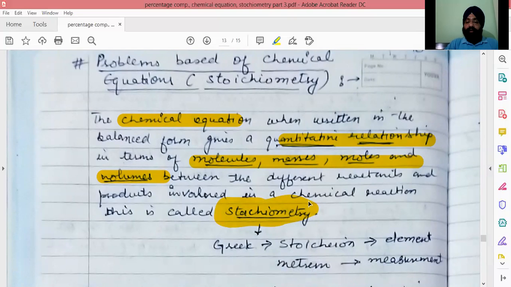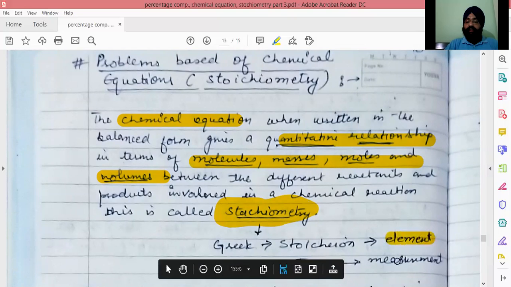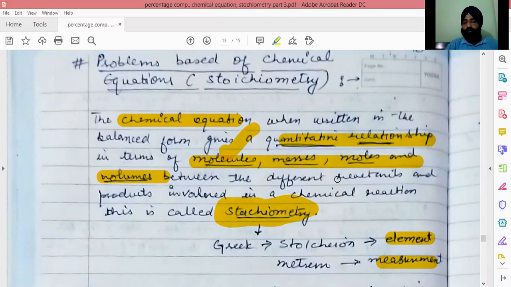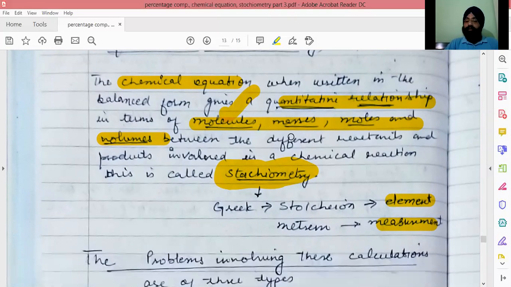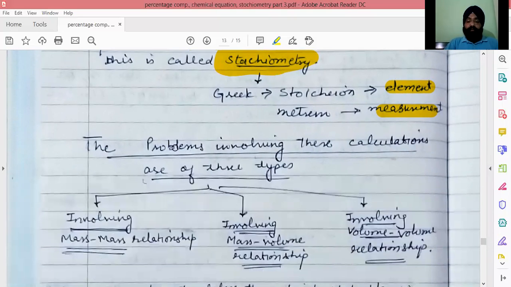Right? Why is it stoichiometry? Because we are measuring the elements from it. We can calculate molecules, we can calculate mass, we can calculate moles, we can measure volume also with the help of a balanced chemical equation for the given concentration, for the given mass of the reactants or products. Now, the problems involving calculation are of three types basically.